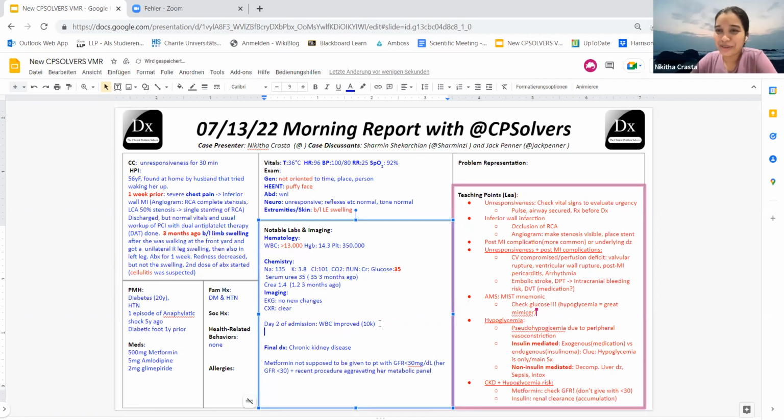I don't think so. Okay, cool. The only reason I wonder is that with metformin, especially if you have a low GFR, you're at higher risk of developing type B lactic acidosis, especially in people who have really bad CKD. So it's another clue. Again, it doesn't happen all the time, but it's something to think about.